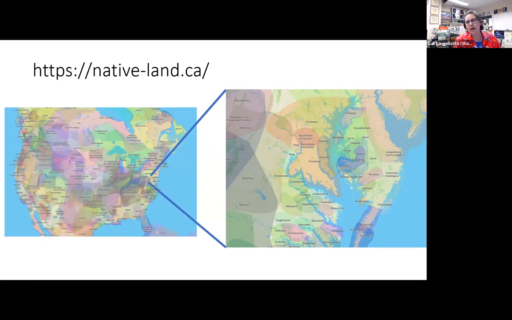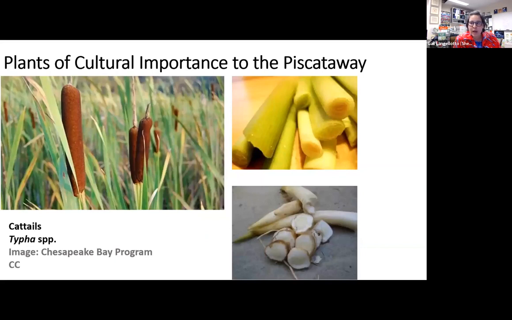And then I also like to share one or two plants of cultural importance to local tribes.